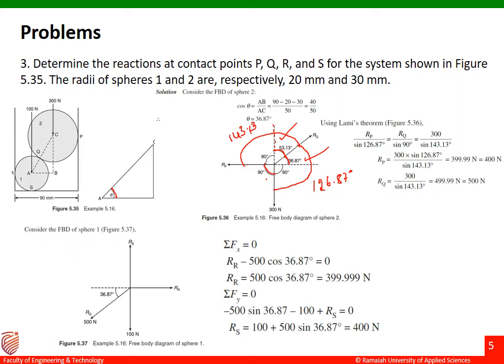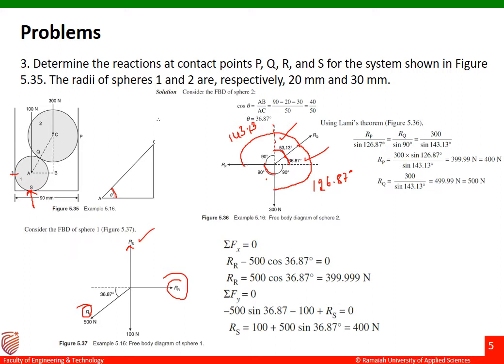Next, we can consider the free body diagram of sphere 1. Let us see how this free body diagram is drawn. The reaction coming at point S is written as RS, and the reaction coming at this point is taken as RR. Then there is a reaction coming from sphere 2, taken as RQ, directed towards the third quadrant.